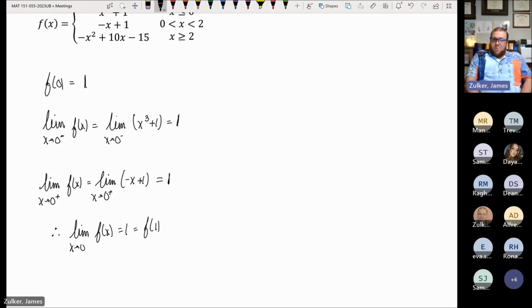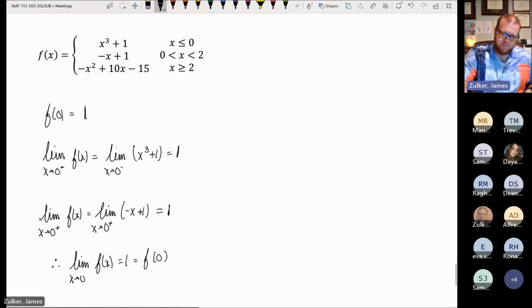This means that the limit is 1. And that equals, I'm sorry, I don't know why I wrote f of 0, which equals f of 0. So we are continuous at 0. It's not a point of discontinuity.